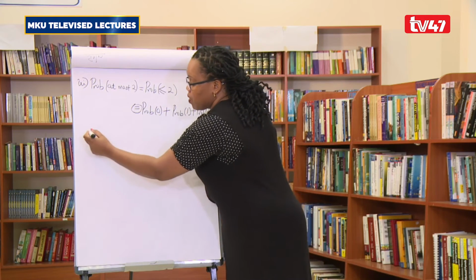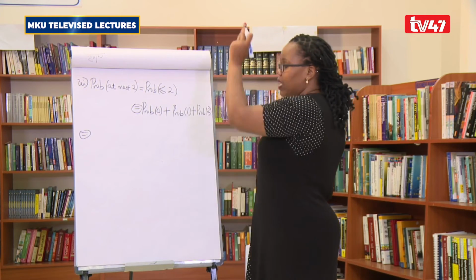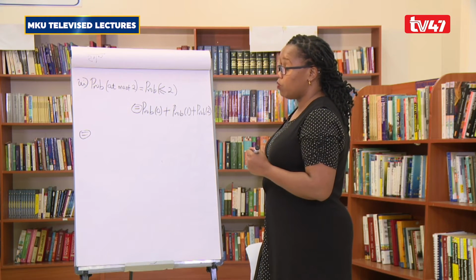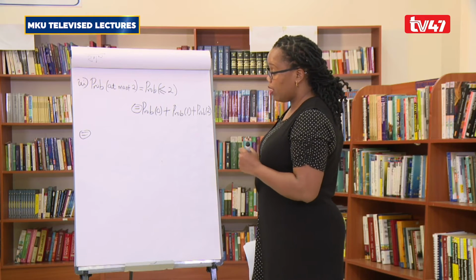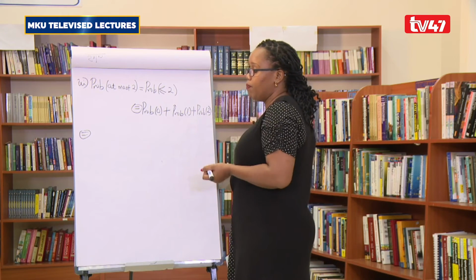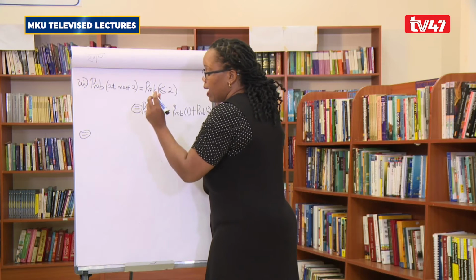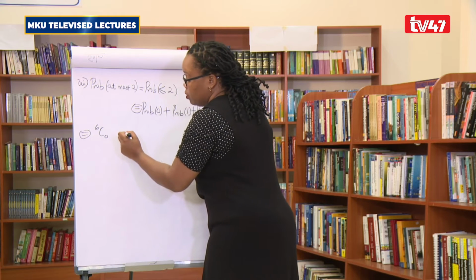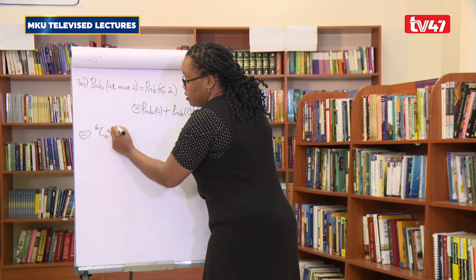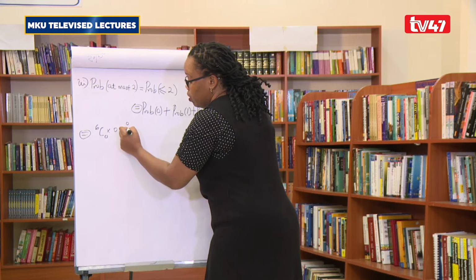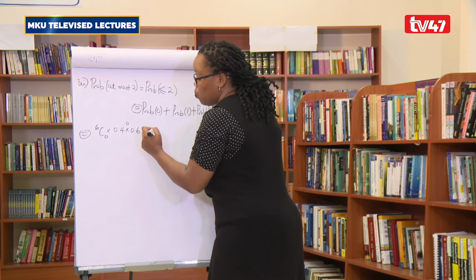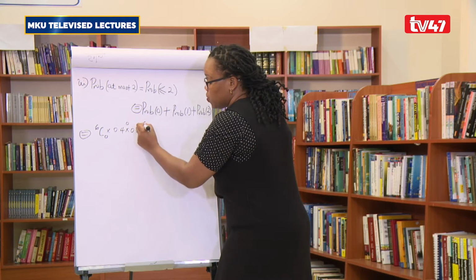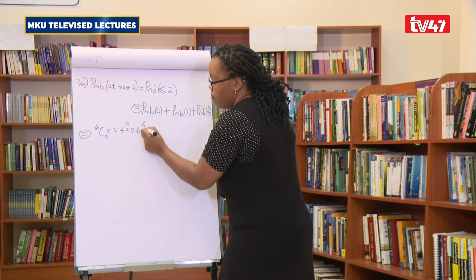Now, let me just write it out. I am assuming that I didn't have any other question. Let me, using the binomial probability formula, write each of them, how I'd calculate. So my n is 6. So 6 combination 0 multiplied by 0.4 raised to power 0 multiplied by 0.6 raised to power n minus r, which in my case is 6 minus 0, which is 6. That's for probability 0, plus probability 1.